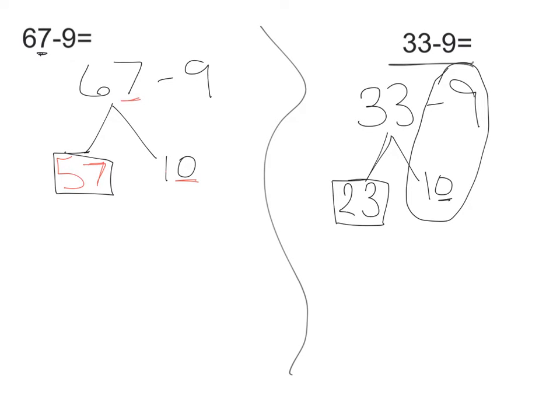Okay, so now my next step over on my side. I'm going to solve 10 minus 9. I know from my 10 facts that 10 minus 9 is 1. I can even make the number bond where I have target of 10, 9 is one part, 1 is the other. So I know that 10 minus 9 equals 1.